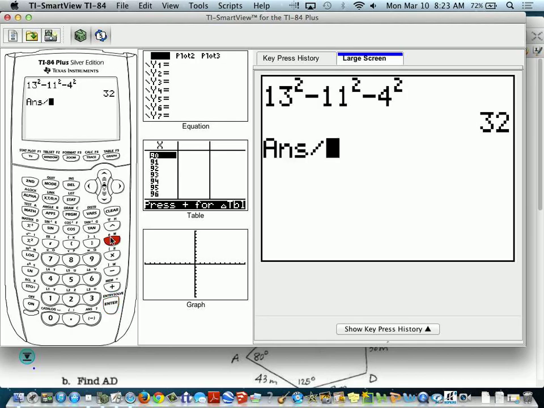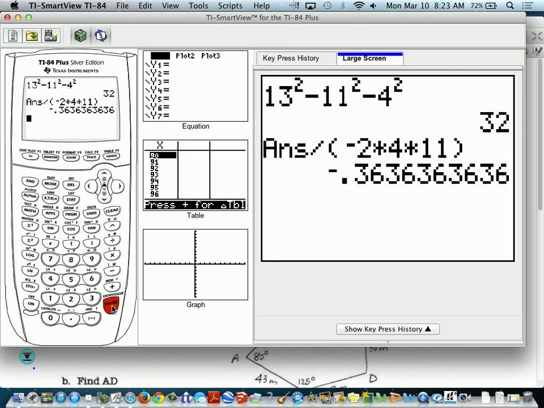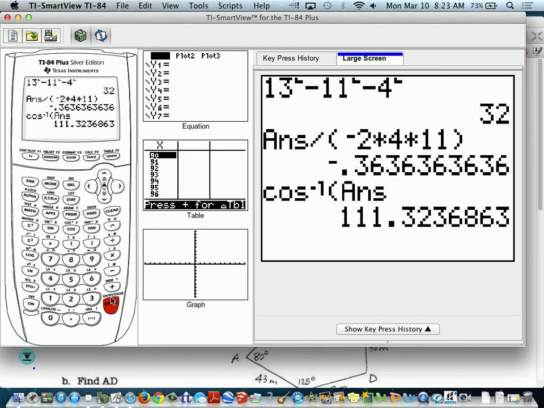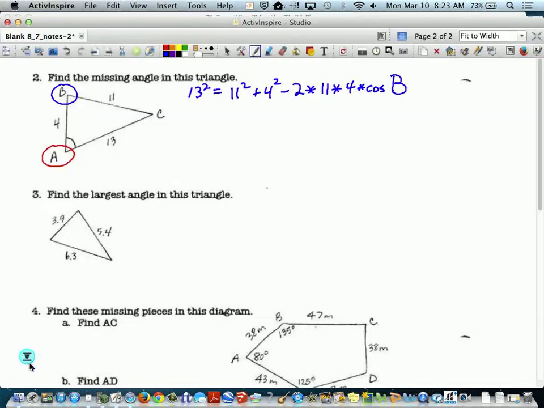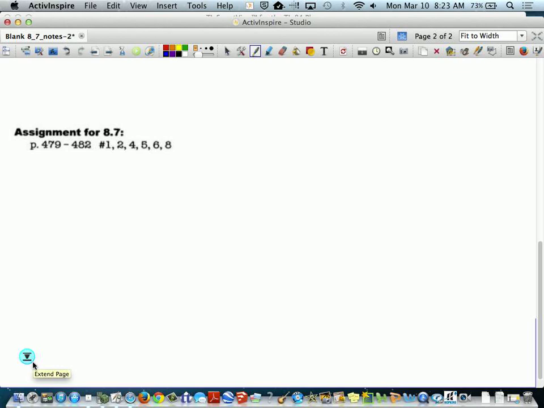So we're going to divide that answer by parentheses, negative 2 times 4 times 11. And there's your decimal. Now hit second cosine, second answer. And this one is an obtuse angle. So sometimes if you don't pull that obtuse angle out of there, you can run into some major issues if you do law of cosine. So 111.32.